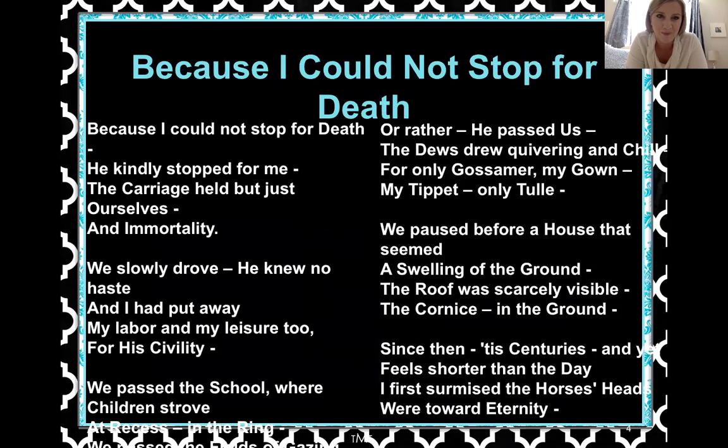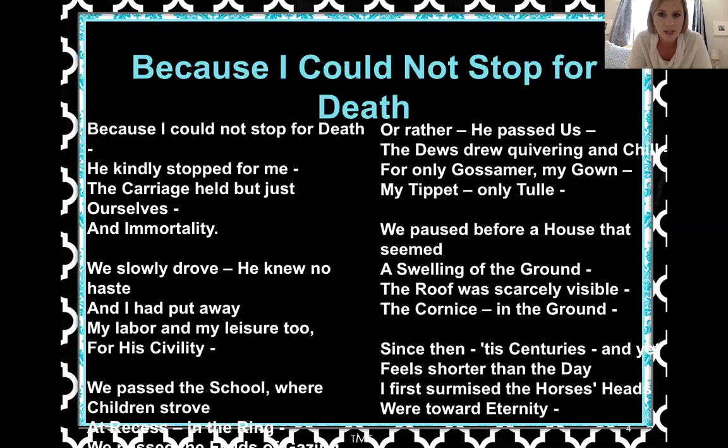Because I could not stop for death, he kindly stopped for me. The carriage held but just ourselves in immortality. We slowly drove, he knew no haste, and I had put away my labor and my leisure too for his civility. We passed the school where children strove at recess in the ring. We passed the fields of gazing grain, we passed the setting sun.